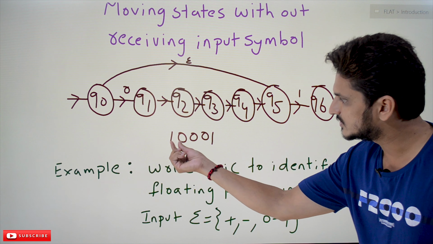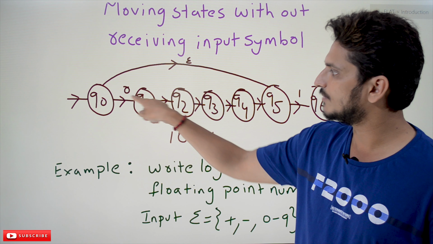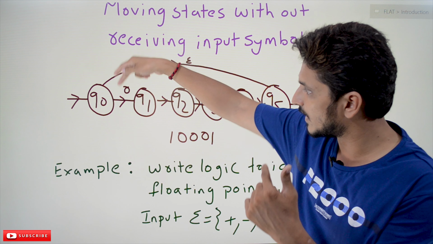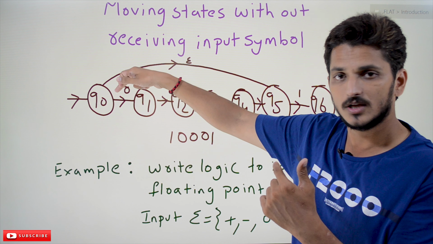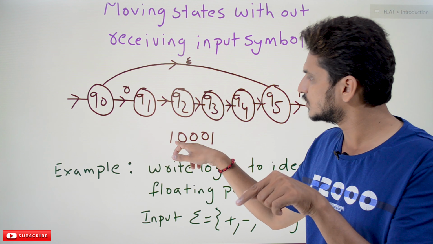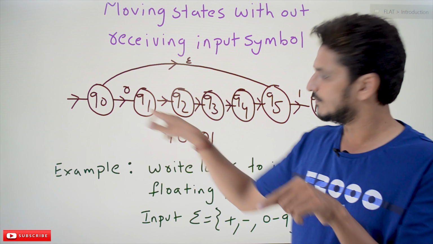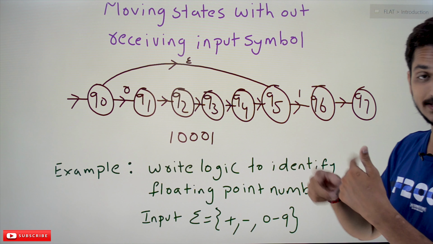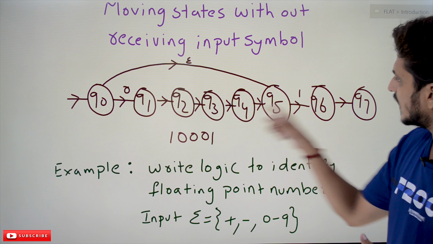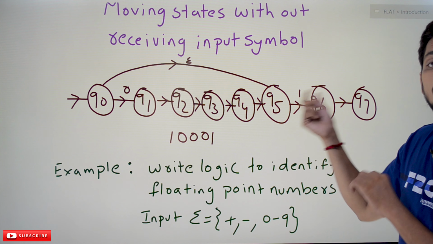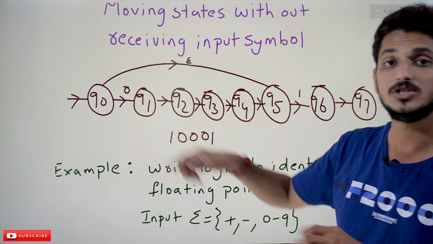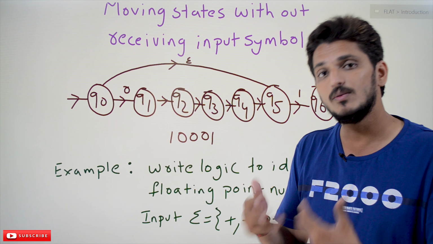Take the first input symbol 1. It is not matching on Q naught, so the first machine is going to die because the input symbol does not match. But on the Q phi state, it is matching. The second machine applies the first input character on Q phi state and continues, while the first machine dies. This is how it will be applied.